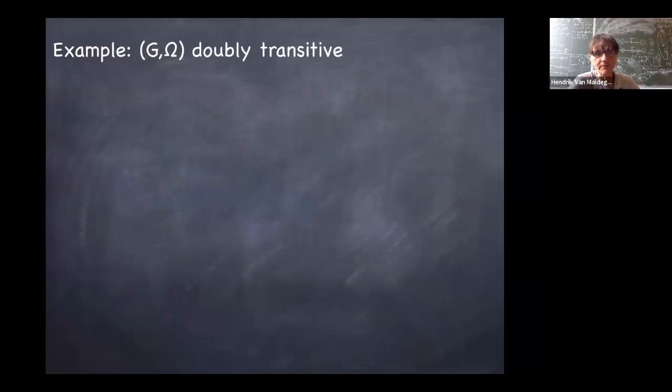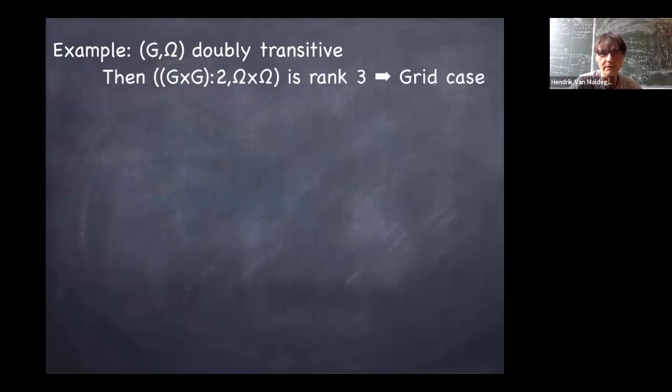Let's take an example. We start with a doubly transitive group, but of course we want a rank 3 group. How do we make a rank 3 group out of a doubly transitive group? Well, we take the direct product of omega, and we let G act on both components, and then dot 2 means that we can interchange the 2 components.